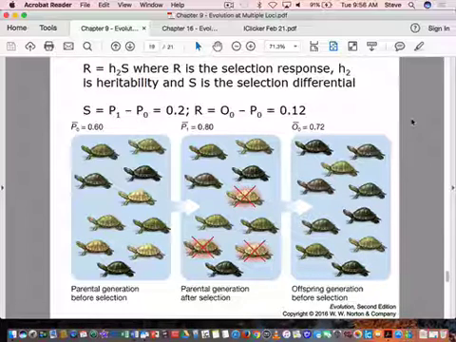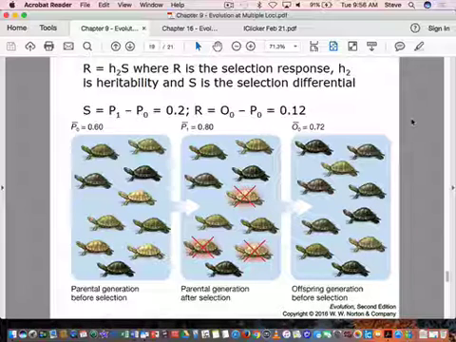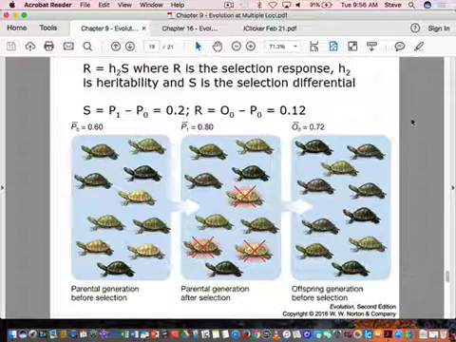R is equal to 0.12, the response. H squared, and then S equals 0.2. So what does H squared equal? H squared equals 0.12 divided by 0.2, which is 0.6.